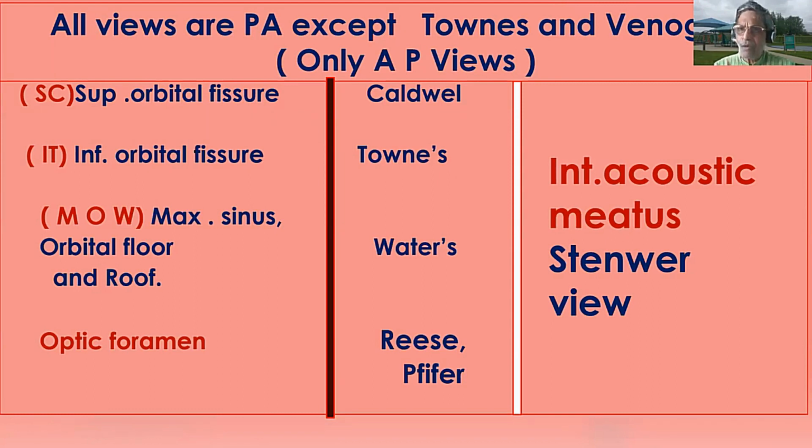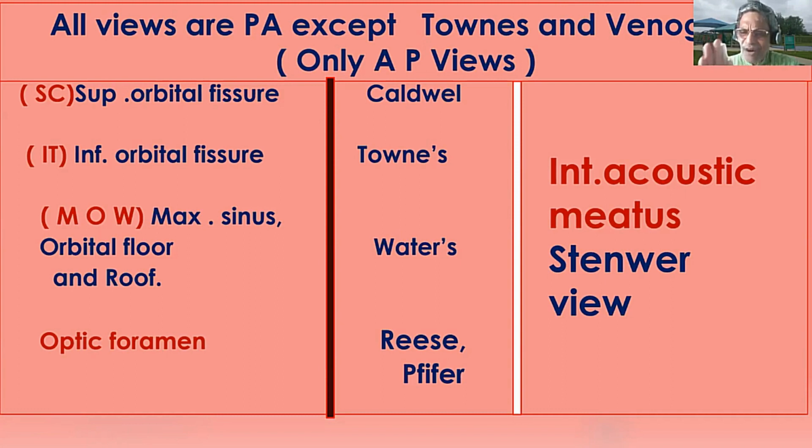Just know this. One more important point, when you take an X-ray, these are all PA views. That means what? The X-ray is coming from posterior to anterior. The X-ray plate has to be placed anteriorly. When you keep the X-ray plate anteriorly, I will tell you, Waters view, as if you drink water. That means the X-ray plate can touch the skin, maybe slightly away from the nose, or may touch the nose also, doesn't matter.